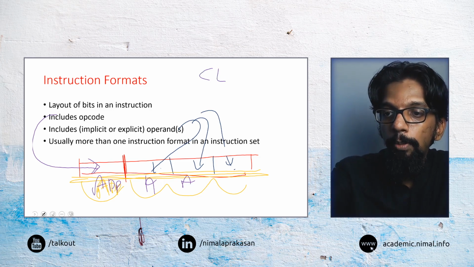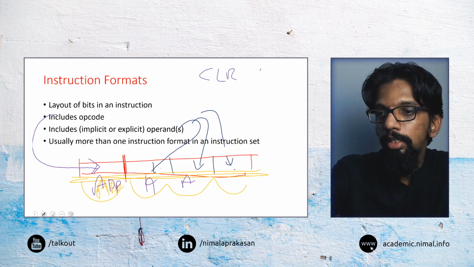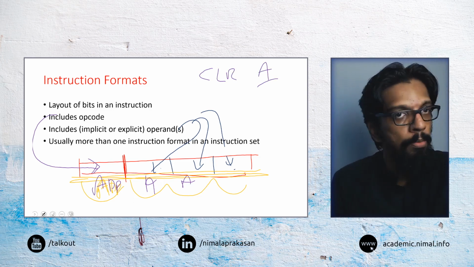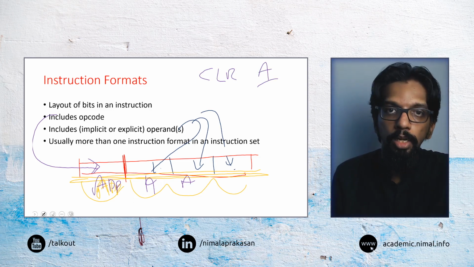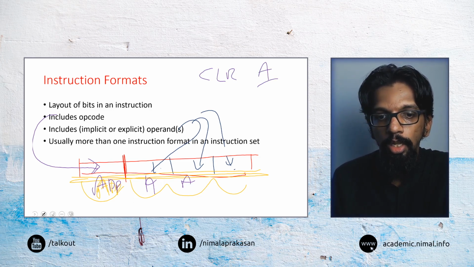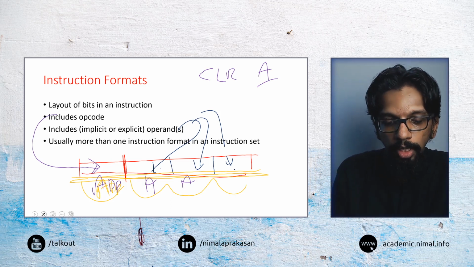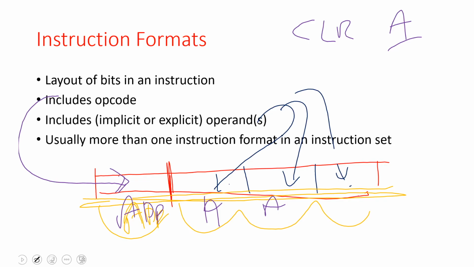If we think about a clear instruction, there we just need to give one place, one memory location or register location, to be cleared of its value. So even within the same instruction set, we may have different instructions following different formats.